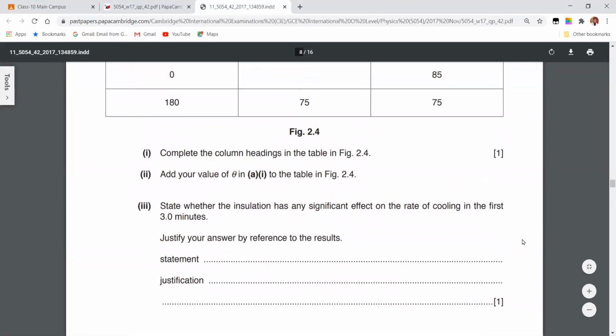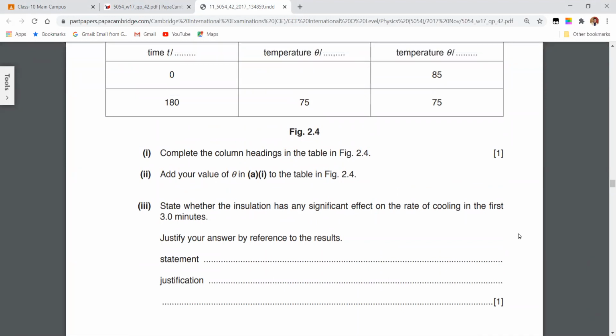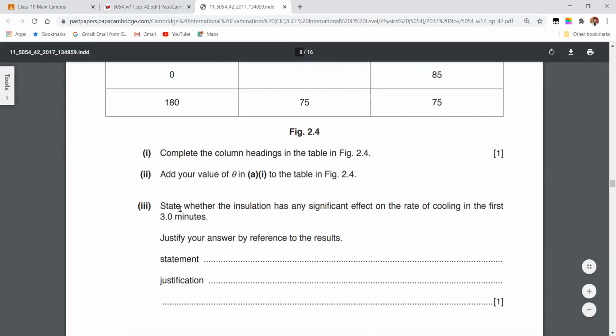We can justify it with the results: the first temperature is 88, and the one with the insulation is 85. That means it's 3 degrees Celsius lesser than the one with insulation. So insulation keeps in more heat. The insulation one is giving you more temperature, right?